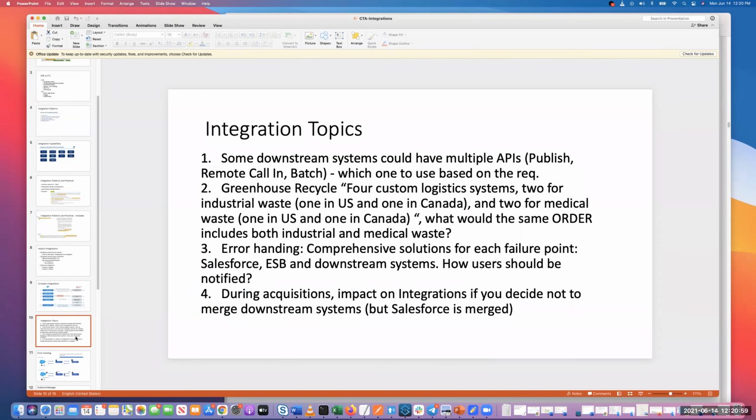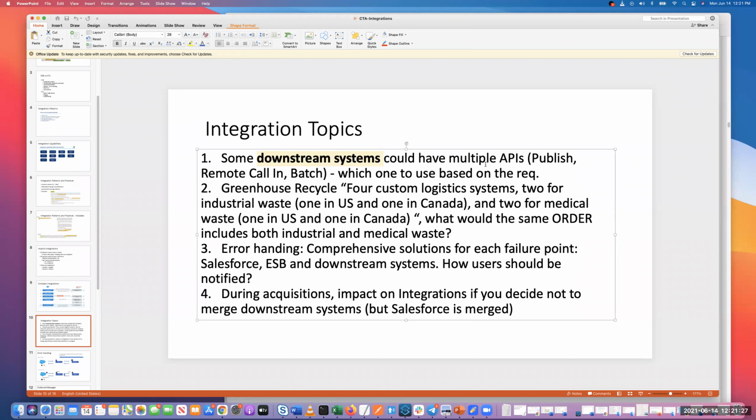Next, I want to talk about some of the things I came across in one of my last review boards. The first one is usually we talk about Salesforce patterns, right? It could support API calls, batch integrations, real time, synchronous, asynchronous, but it's possible that even the downstream system could have multiple APIs available, right?